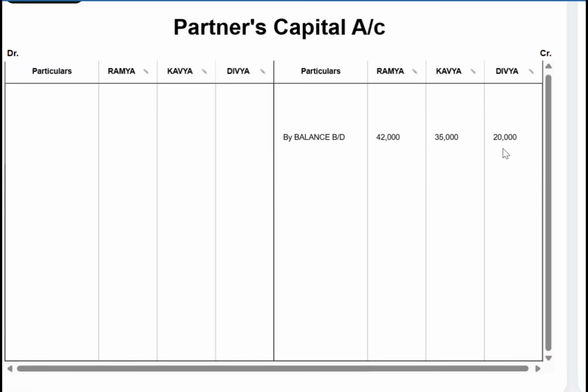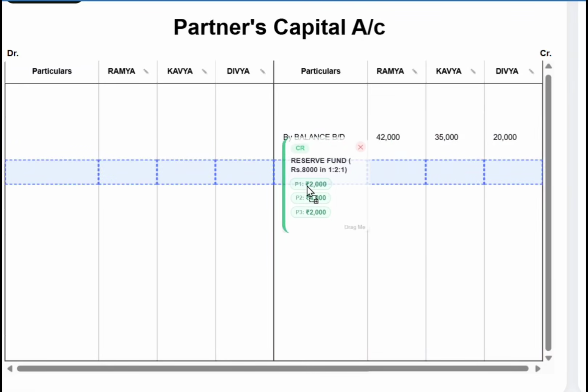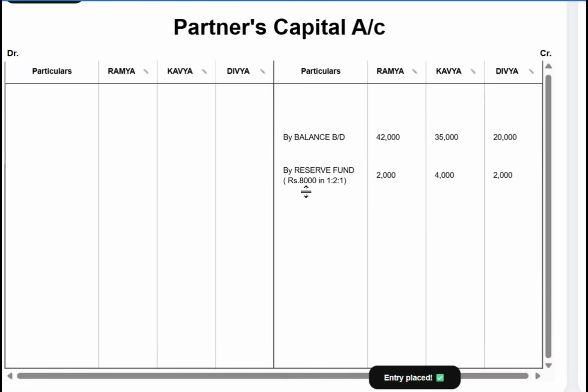Now next, in the balance sheet, we have reserve fund. So the reserve fund should be distributed to all the partners in their old profit sharing ratio. So by reserve fund, rupees 8,000 should be distributed in the ratio of 1:2:1, which will be 2,000 for Ramya, 4,000 for Kavya, and 2,000 for Divya.